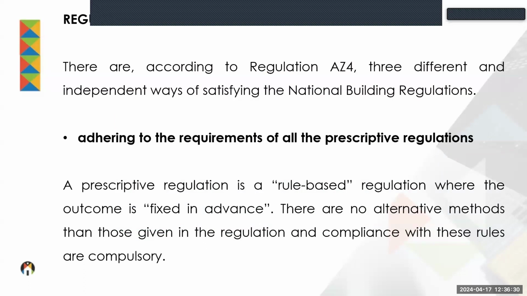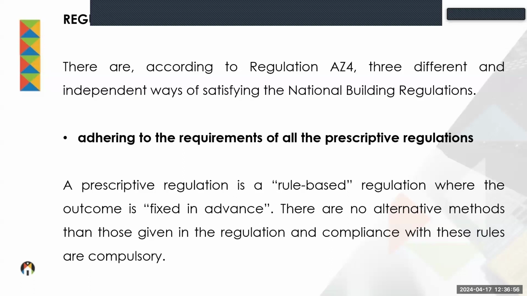The regulation itself, if you go and look at that sub-regulation, will not say to satisfy this, you can go to 10,400. It just says you have to do this. That's it. It gives you a quantitative requirement to comply with, and not just a qualitative requirement to comply with. So it's a rule-based regulation where the outcome is fixed in advance.